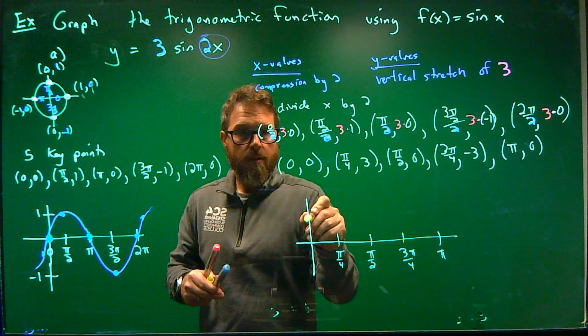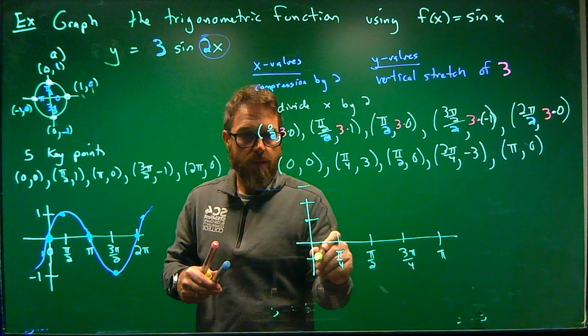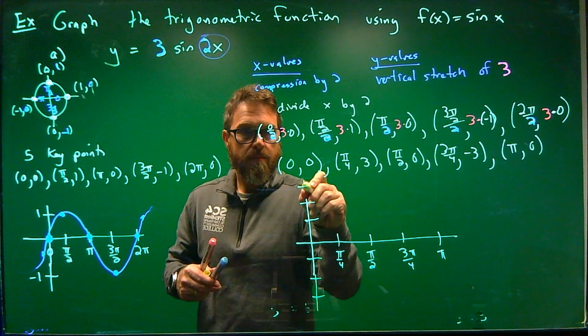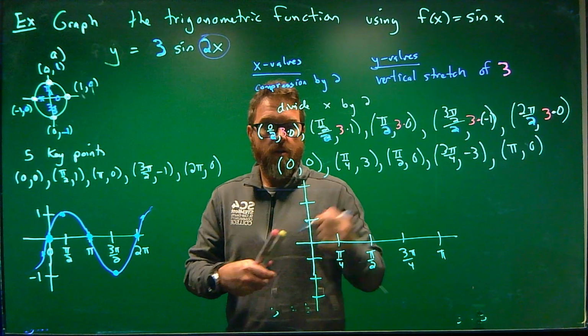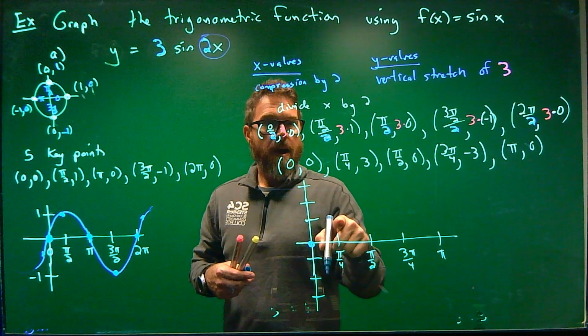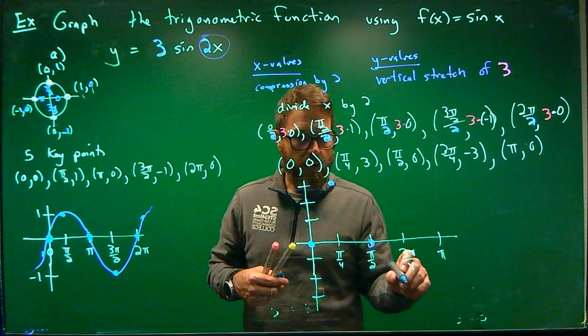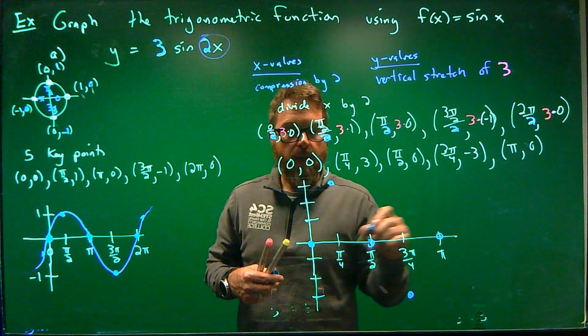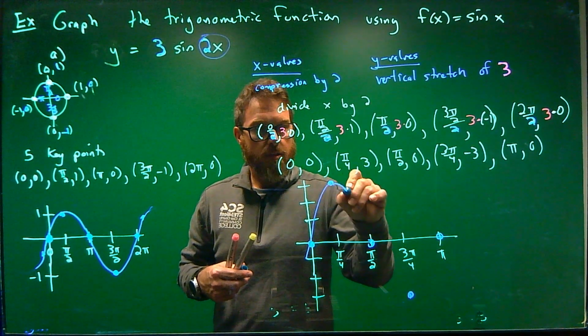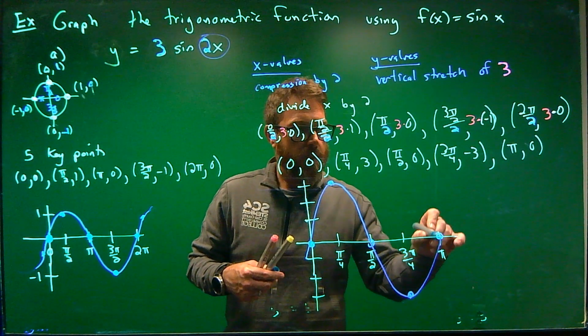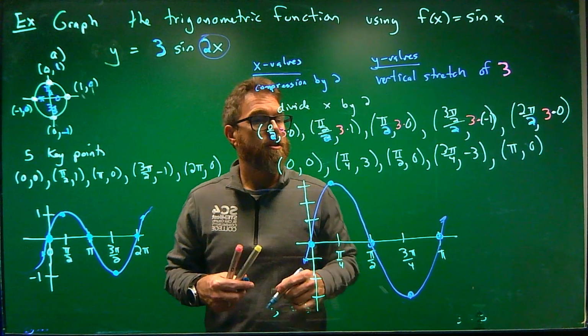So up 3, 1, 2, 3, down 3, 2, 3. So the first point is going to be 0, comma 0, which is here. Pi over 4, comma 3. Pi over 2, comma 0. 3 pi over 4, comma negative 3. Back to pi. So when I graph this single period with a smooth curve, this is what we get.